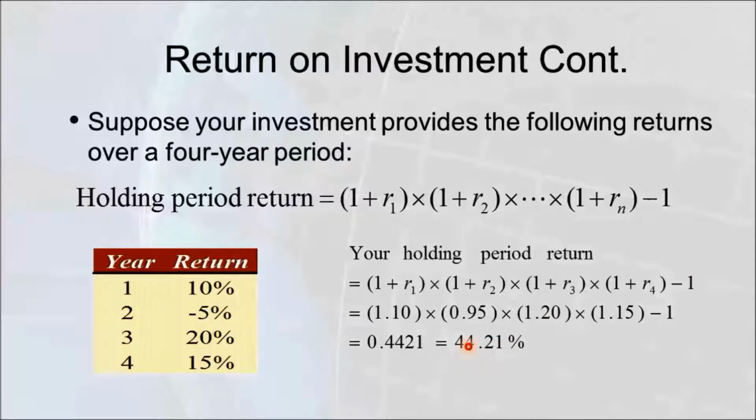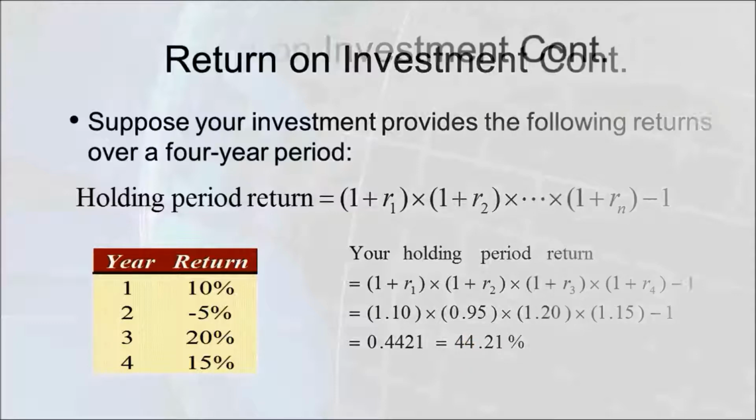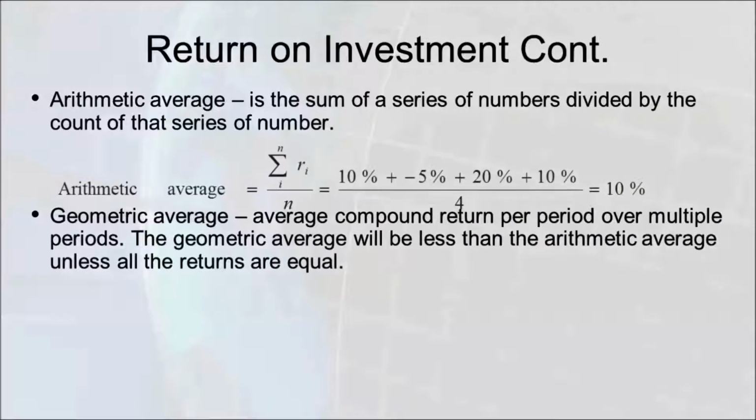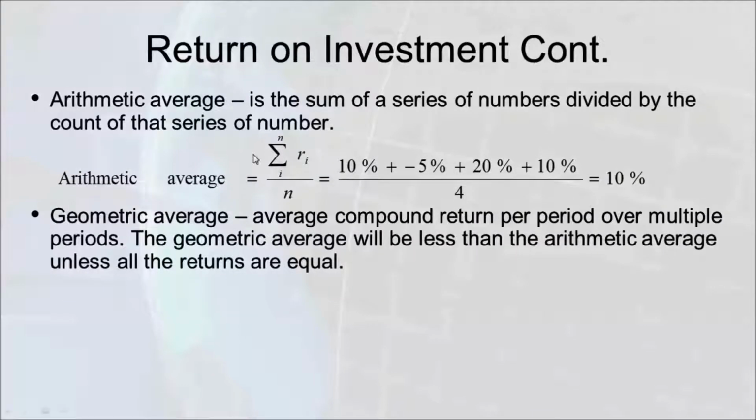If you want to know your annual rate of return, we have different ways of doing that. We can use the arithmetic average, which is basically the mean: you count the numbers, add all those numbers, and divide by n.